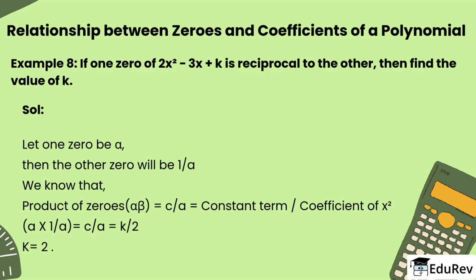We know that the product of zeros alpha beta equals c divided by a, which is the constant term divided by the coefficient of x square. This gives the equation alpha into 1 by alpha equals c divided by a equals k by 2. Solving for k, we get k equals 2.